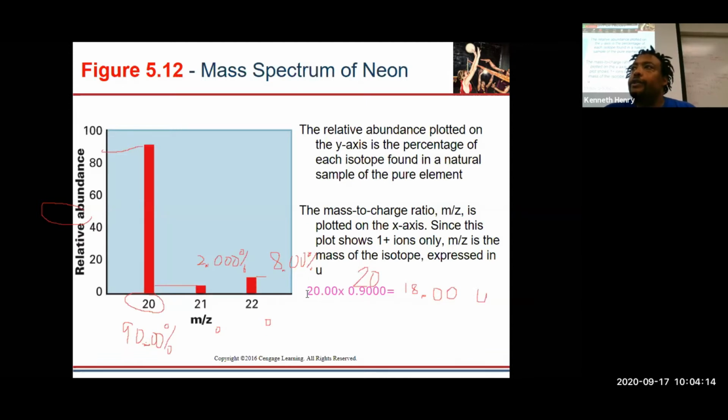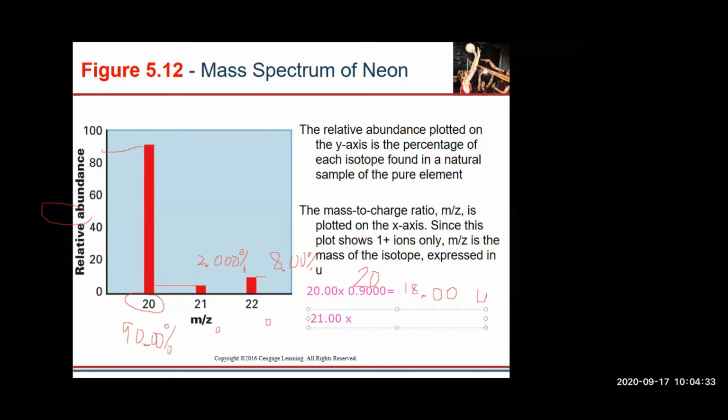So now 21.00. So we have 2%. So then what would that be in terms of a decimal? 0.02.